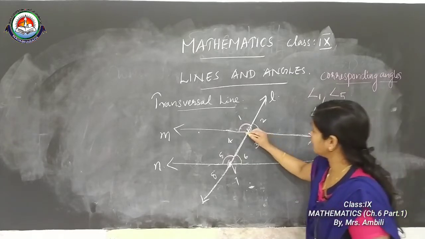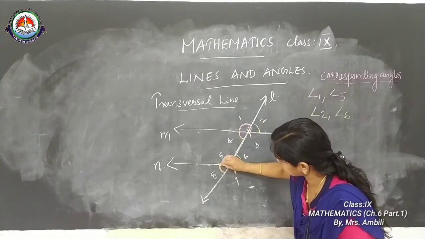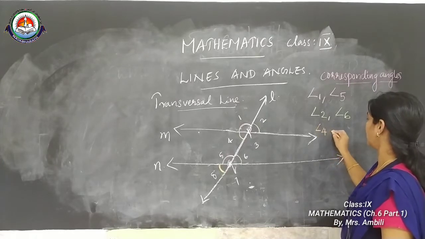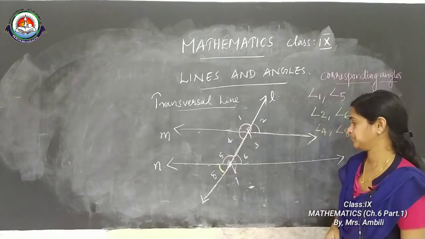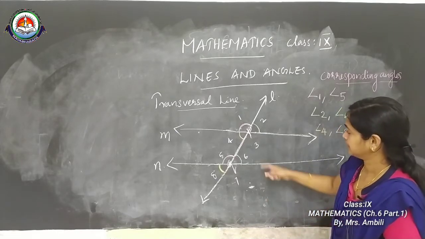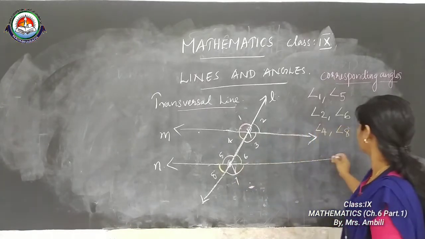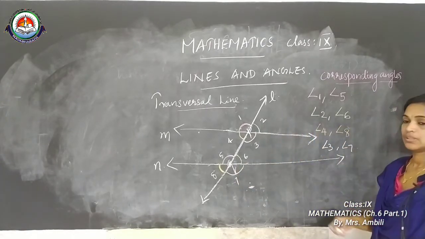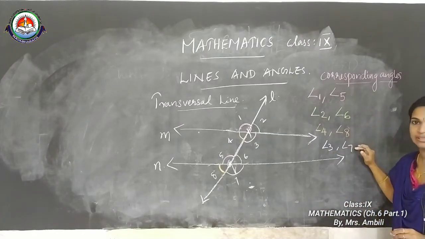Angle 4 and angle 8 are corresponding angles. What is remaining? Angle 3 and angle 7. So we got 4 pairs of corresponding angles.